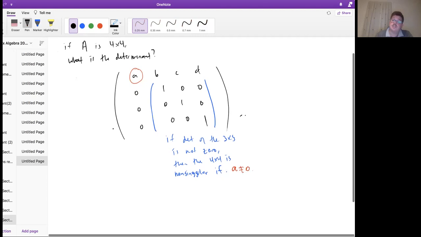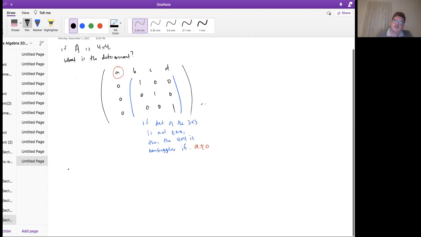So I could say that the determinant of this 4x4 in this form is A11 times the determinant of M11.